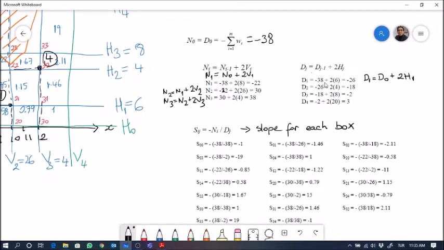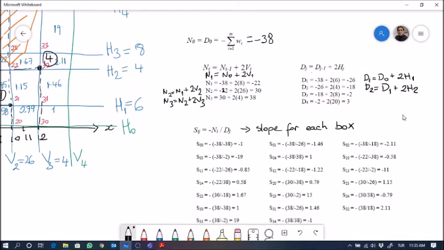So minus 38 plus 2 times 6, we are going to have minus 26 for D1. D2, similarly, will be calculated by D1 plus 2 times H2, and it will be minus 26 plus 2 times 4. H2 was 4, if you remember.